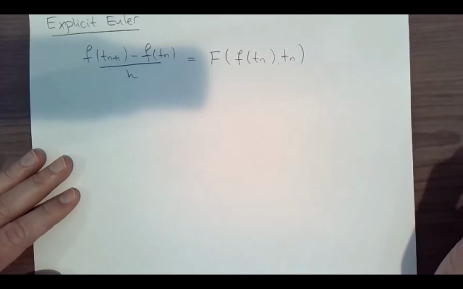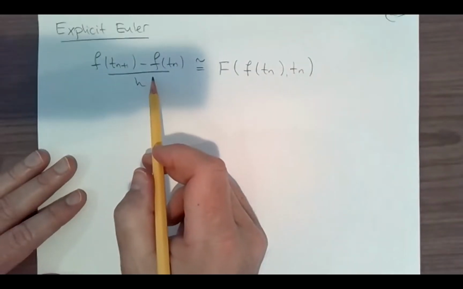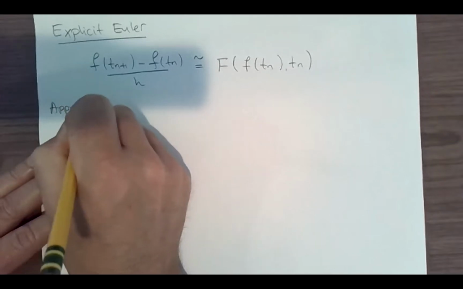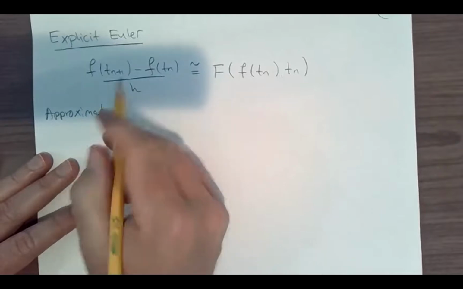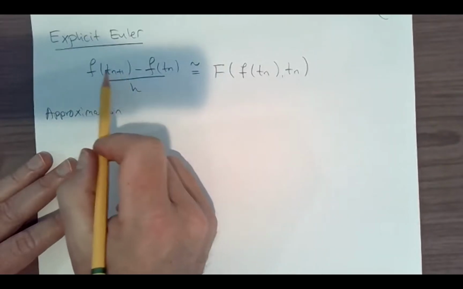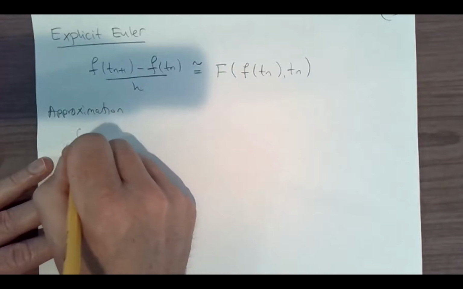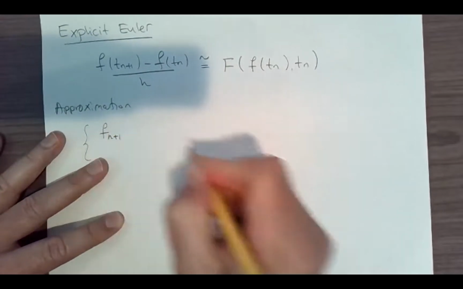Right, so this is my approximation. I want to approximate the derivative. So this gives me the approximation. When I write Tn inside the parentheses, this is the function evaluated there. So now the approximation is going to look like f over here n plus 1.